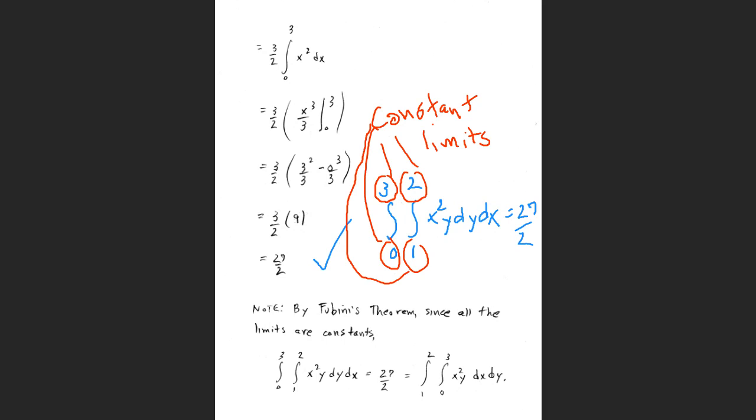So in other words, if you wanted to integrate with respect to x first and then y, you would end up getting 27/2. And this is by a theorem called Fubini's theorem. It only works when all of your limits are constant limits. It will not work otherwise.